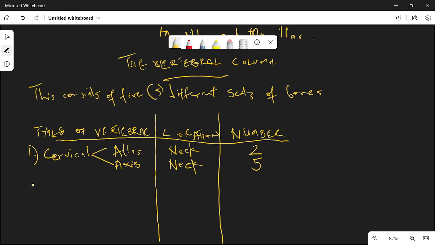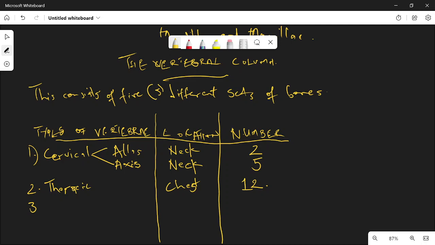And then we have the next one, which is the thoracic. The thoracic is found in the chest region, and it has a total of 12.